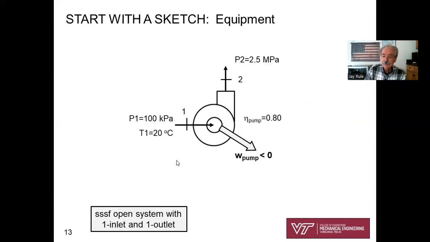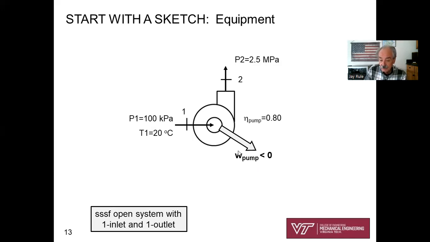All right, let's look at our sketch. We're going to start with a sketch. There's the schematic of a pump. Do you see how the schematic looks an awful lot like what a real centrifugal pump looks like? Here are our inlet conditions at state 1. Here's our outlet pressure at state 2. I'm showing the pump efficiency of 80%, and I'm showing work out of the pump.